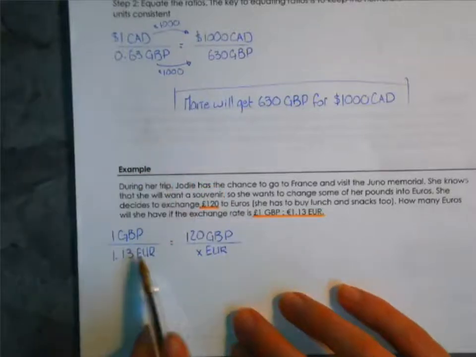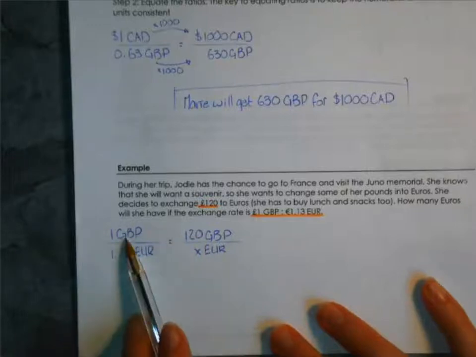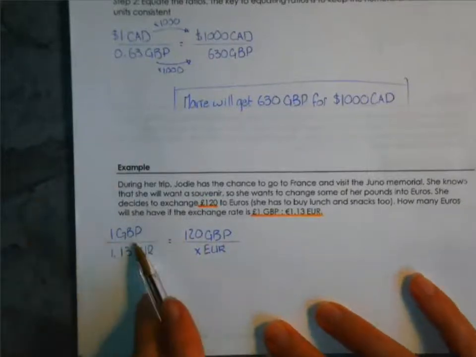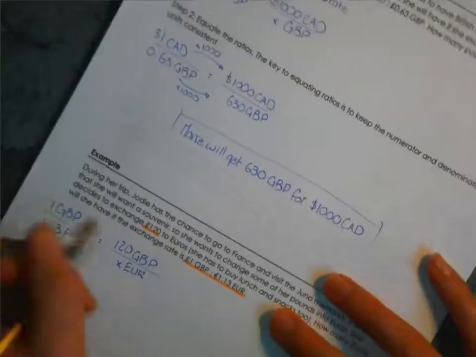Euros. So again, this one is pretty straightforward, right? If we have it set up like this, 1 Great Britain pound, how do we make it into 120 Great Britain pounds? Remember, we can only use multiplication or division.